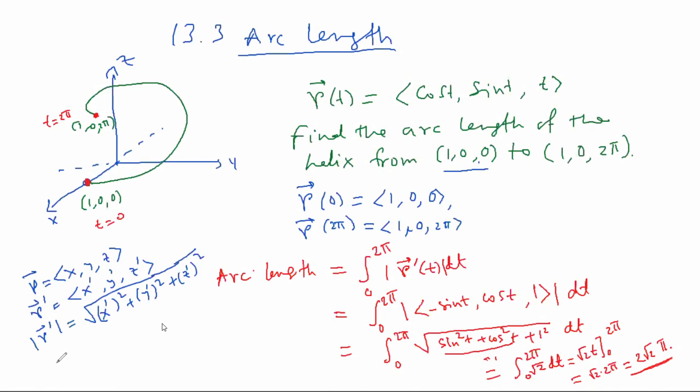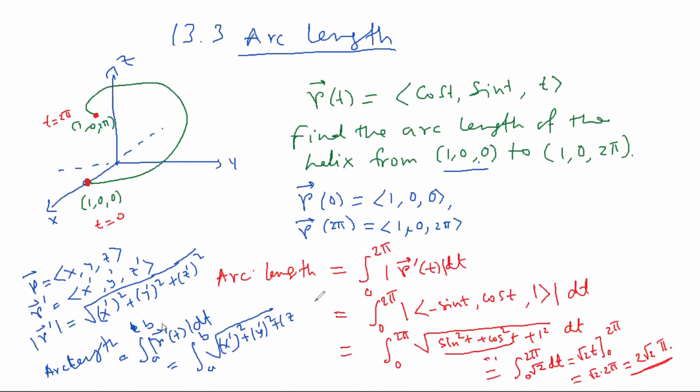So another arc length formula is, from a to b, the integral of the magnitude of r prime of t dt, or if you write in terms of x, y, z, the integral from a to b of the square root of x prime squared plus y prime squared plus z prime squared dt.